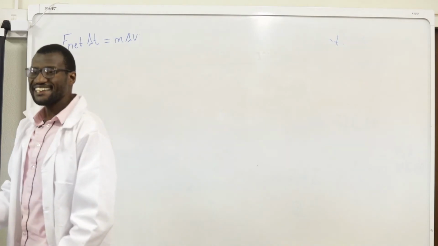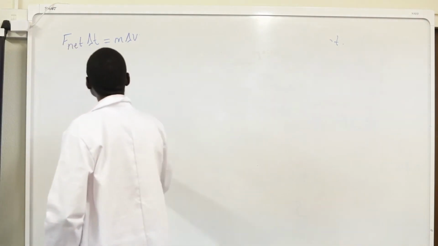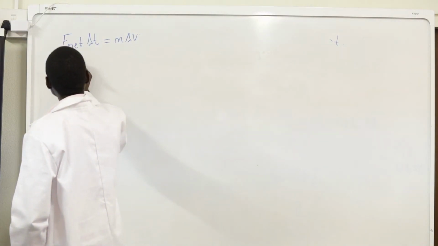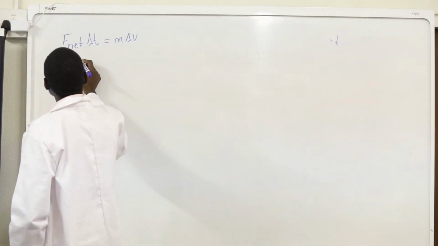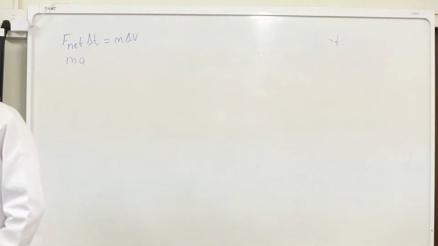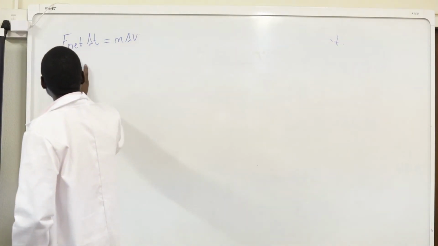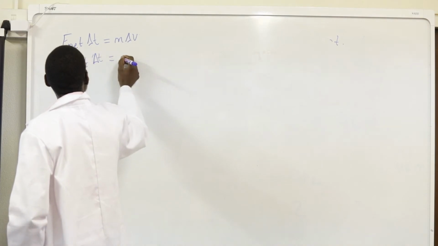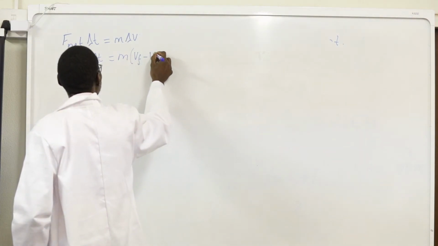We can also apply the same in this particular question, where we will use our F net times change in t. F net, you know, is mass multiplied by acceleration, or multiplied by g. All right? And in this way, we are finding an F net multiplied by change in t being equal to the mass times velocity final minus velocity initial.